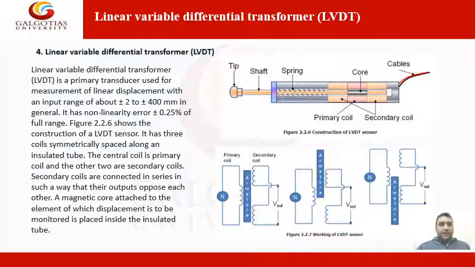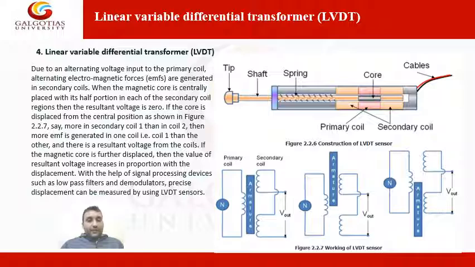This is the primary coil, this is a secondary coil, and this is another secondary coil. So the difference between these voltage outputs can be measured, and as the armature moves in this direction, there is a difference in the voltage. So that difference can be measured, so that the linear variable differential can be found.